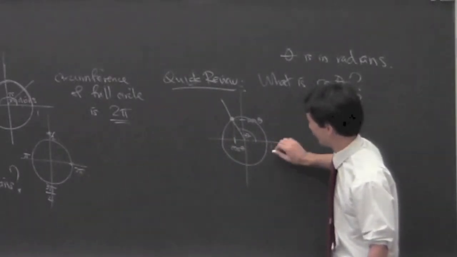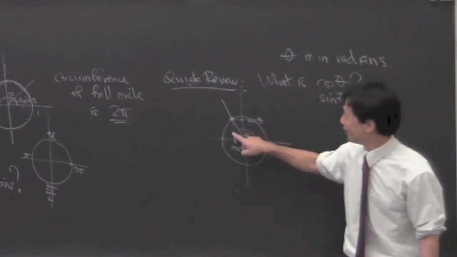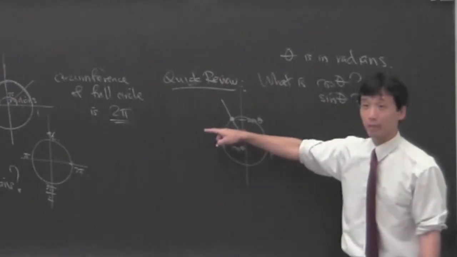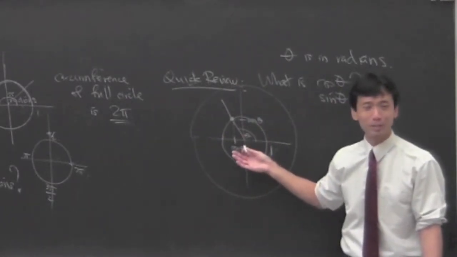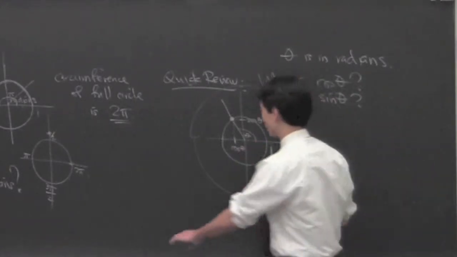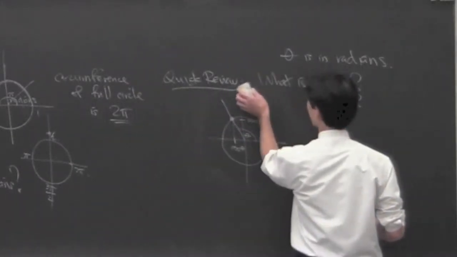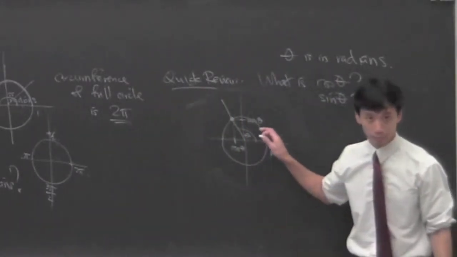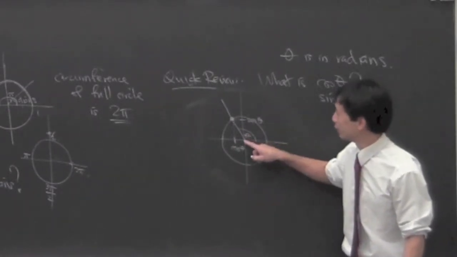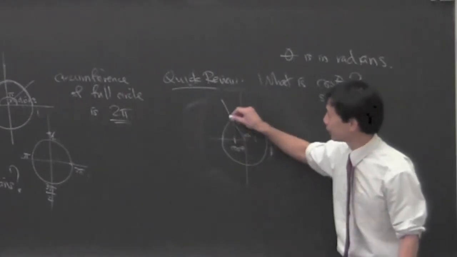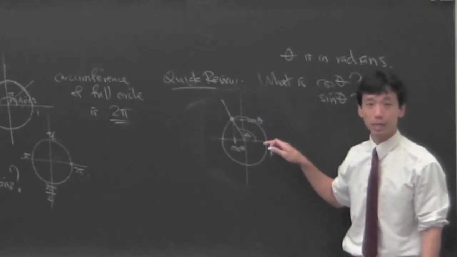It must be the unit circle, because if we did it on a bigger circle, we're going to get different numbers. That would mean that the cosine depends on what circle, and the cosine shouldn't be something that changes. So you go to the unit circle and you draw an angle of theta radians. You intersect it, and the cosine is the x-coordinate, and the y-coordinate is what we call sine.